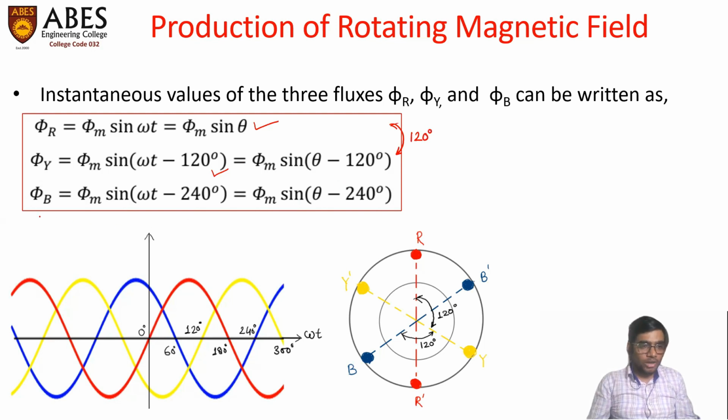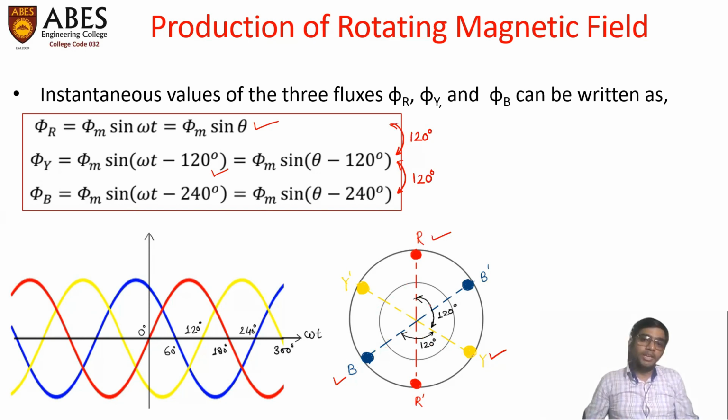Also, the flux produced by the blue phase lags behind the yellow phase flux by 120 degree. And there is also an angular displacement of 120 degree between the corresponding phase axes, meaning the axes r dash and y dash differ by 120 degree, and y dash and blue dash also differ by 120 degree.